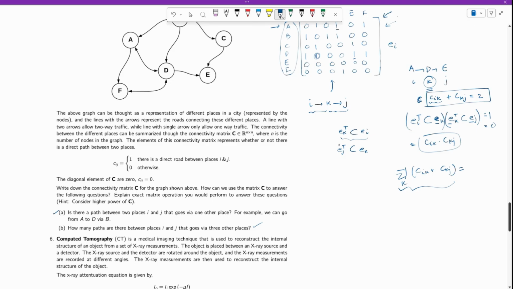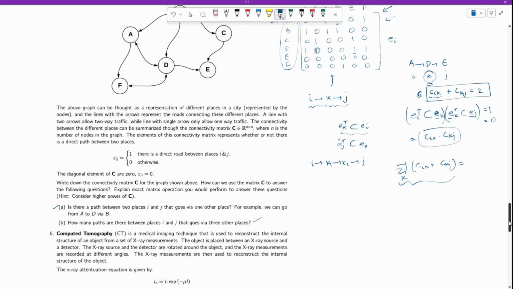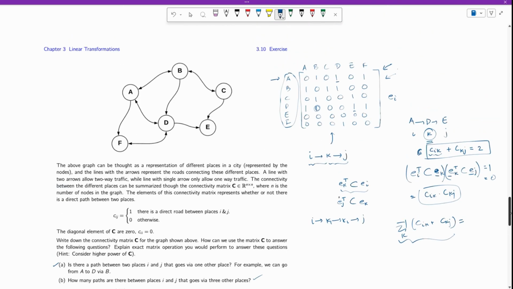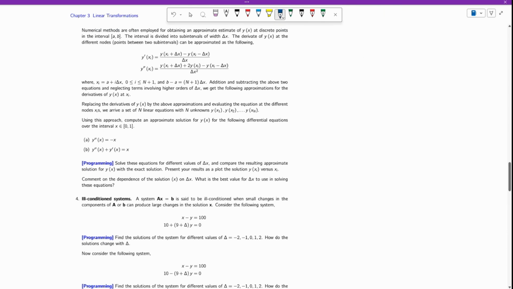So instead of k, it will be I to k1 to k2 to j. Okay, I'll let you figure the rest of it out. But that's the logic. Anything else? All right.